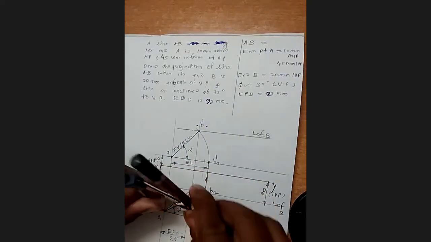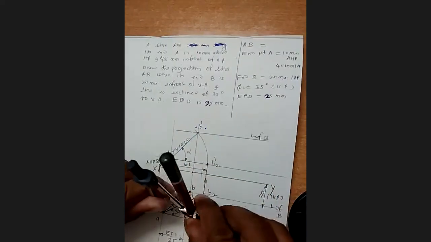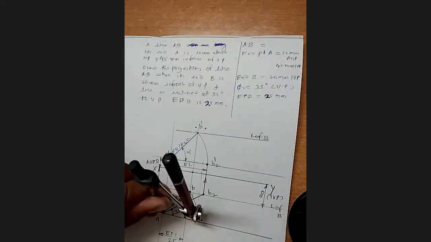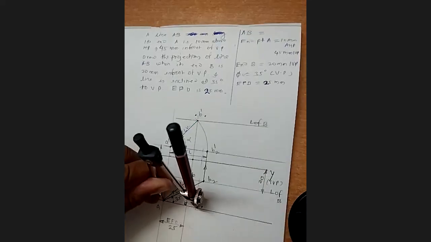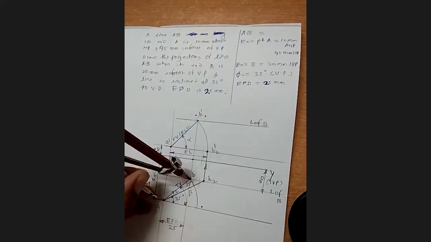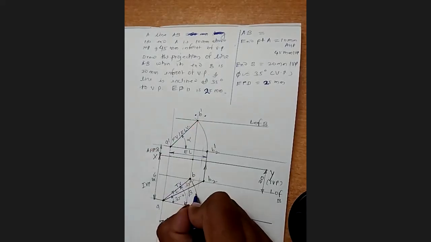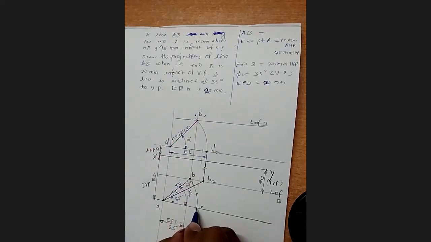You draw an arc of length AB. You should get the arc through this AB, and this is the point which we can say is B1 point.